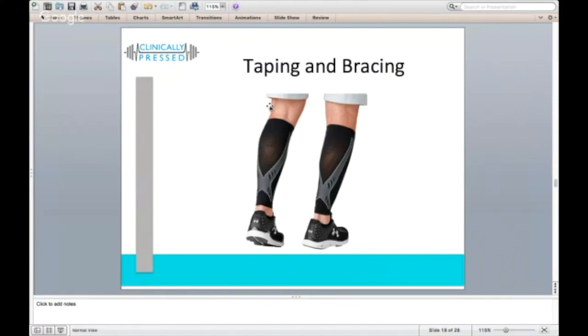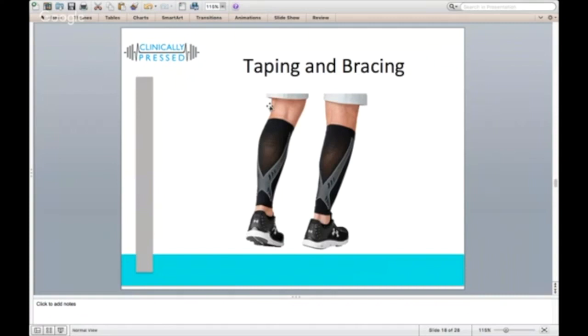When it comes to calf sleeves, it's really up to you. Sometimes the compression can feel really good. Other people hate it. To me, they're fine as a tool, but it's not an end all be all. Because again, with any of these things, as I've talked about this, and I should have put it out there earlier, it's a tool in helping you to get back, but it's also a band-aid on the problem.